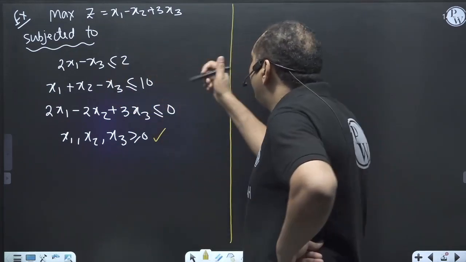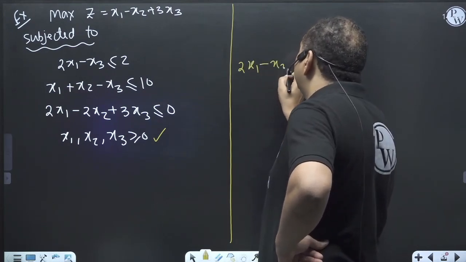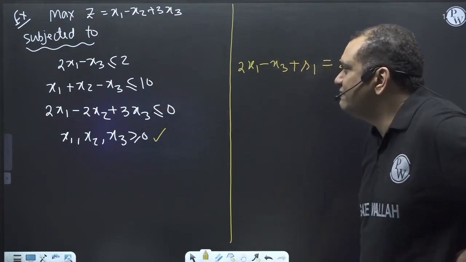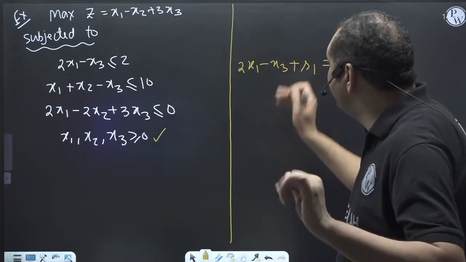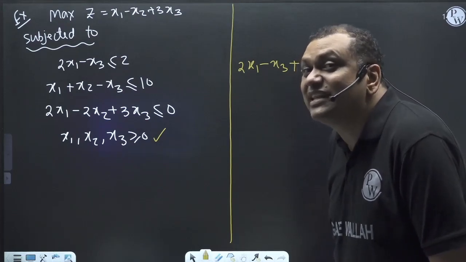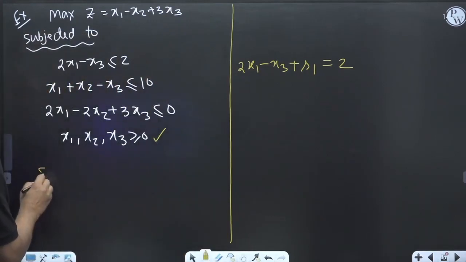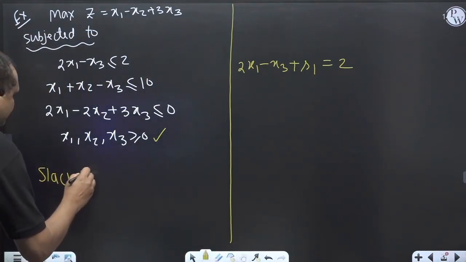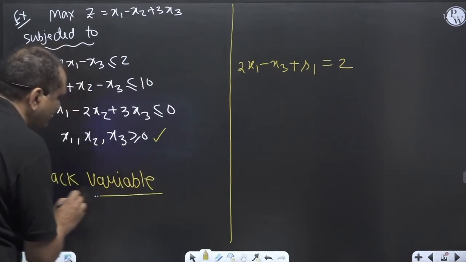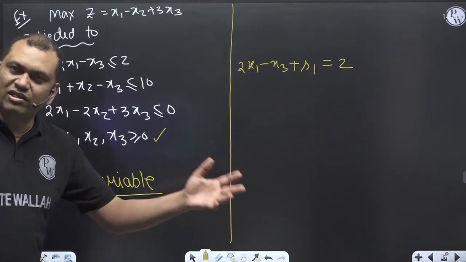So if I add one variable on the left hand side, x1 minus x3 plus s1, it becomes equal. This s1 is called a slack variable. I will be introducing terms one by one, not all the terms at a time.